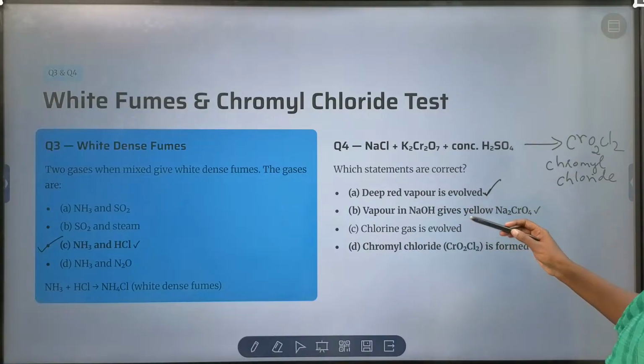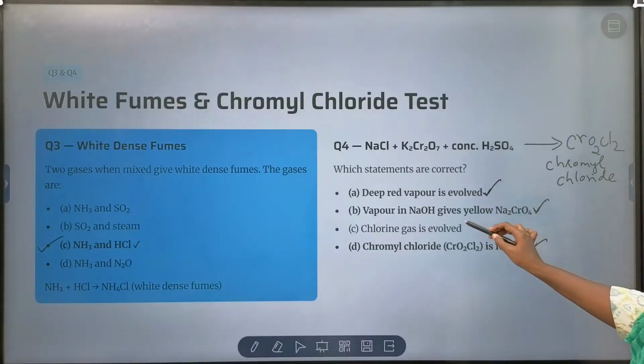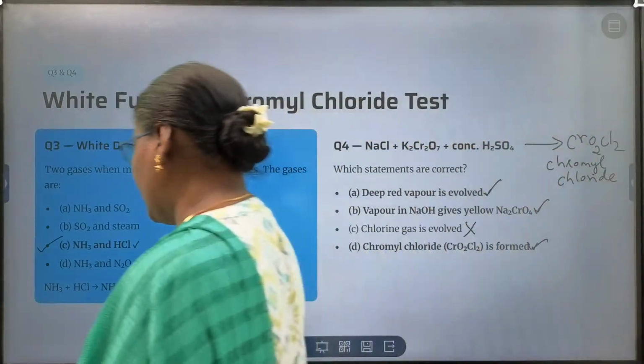If you pass that in sodium hydroxide solution, it forms sodium chromate, which is a yellow solution. Here, chlorine gas is not evolved. So statements A, B, and D are correct, and statement C is incorrect.